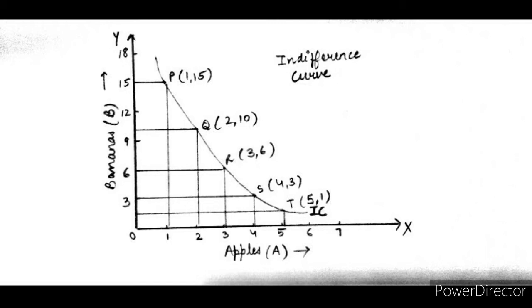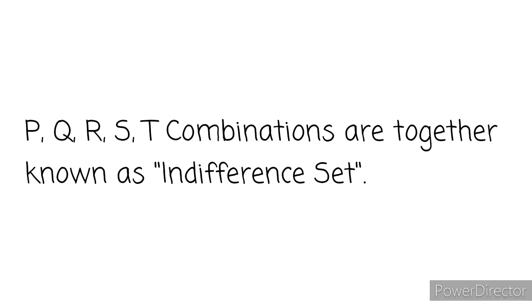This is the indifference curve, which is convex to the origin and downward sloping. All these combinations P, Q, R, S, T are together known as the indifference set. So all the bundles which provide the consumer the same level of satisfaction, among which the consumer is indifferent, we call the indifference set.